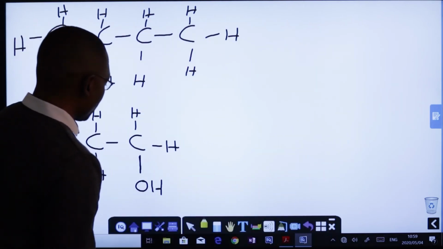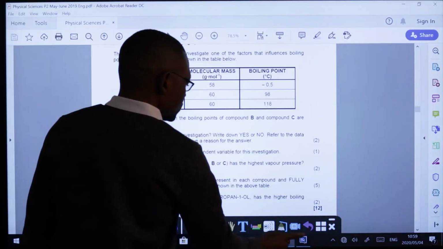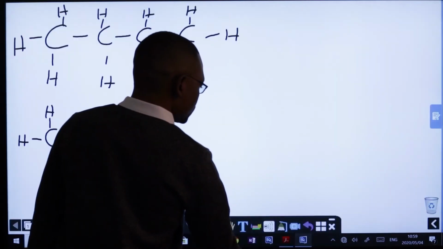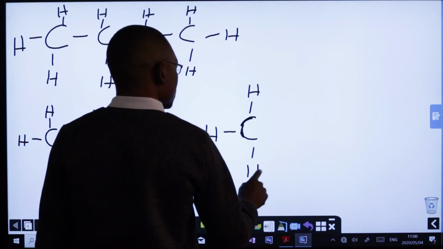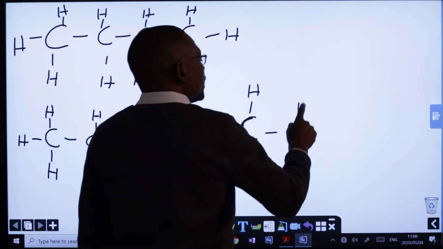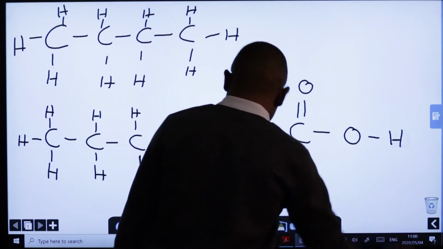And then the third one is going to be ethanoic acid. So, ethanoic acid is like this: H, C, and then here we've got O, and then OH.